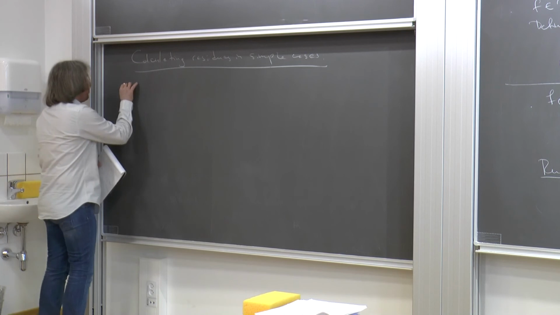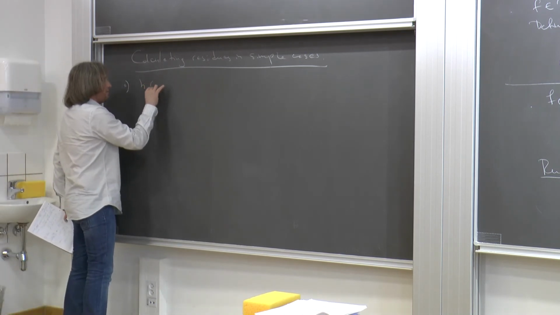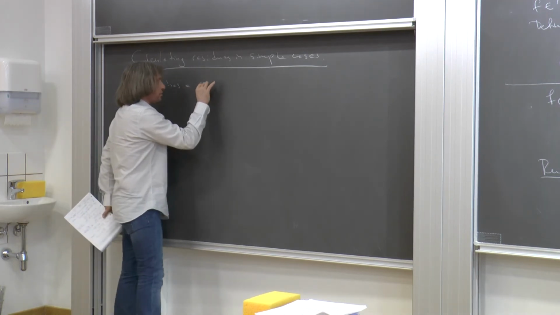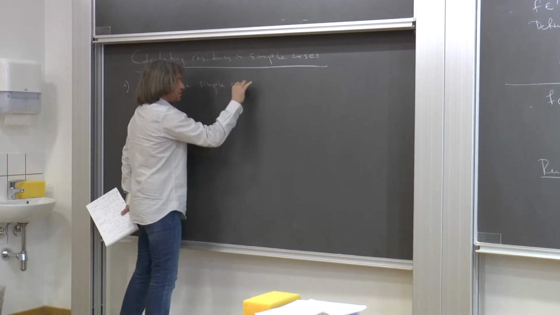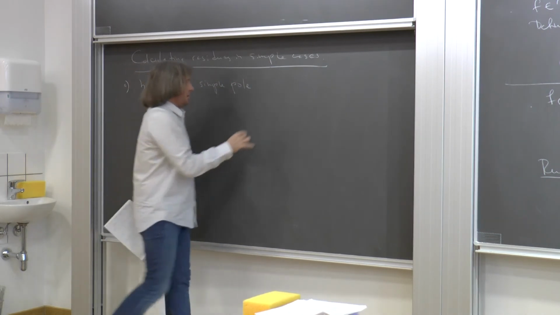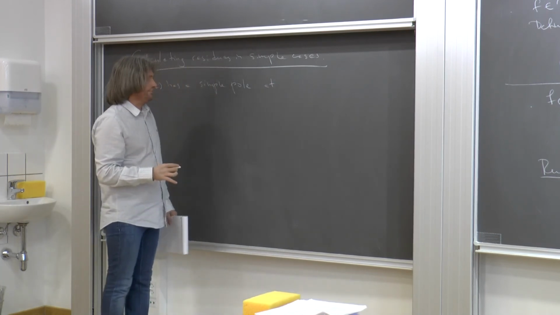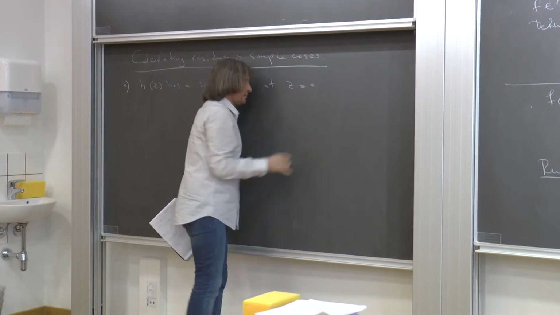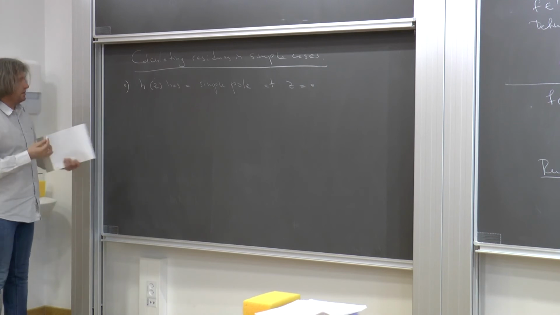One such case is when h of z has a simple pole, a pole of degree 1, at z equals a.